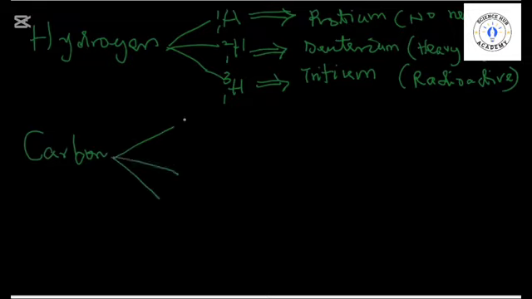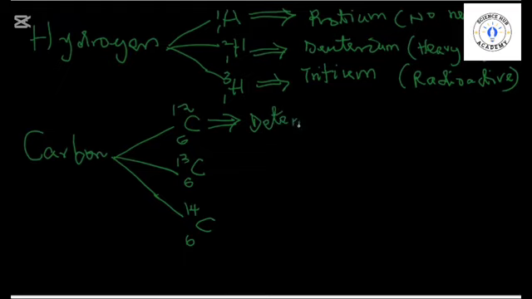The three major isotopes of carbon are carbon-12, carbon-13, and carbon-14. Carbon-12 is majorly used to determine atomic mass and the relative abundance of atoms.